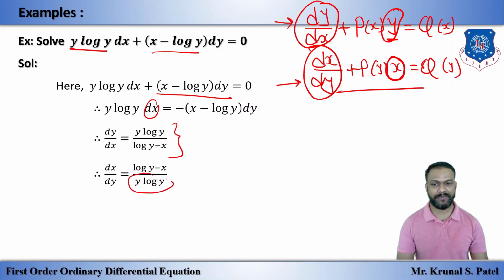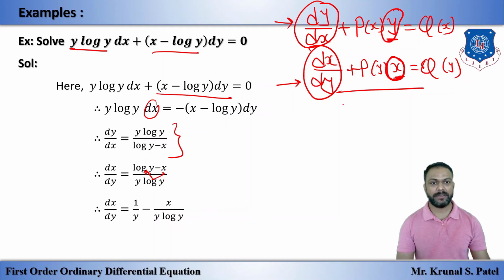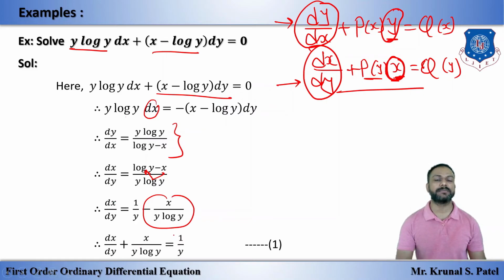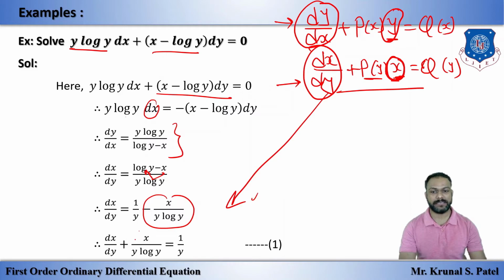Now we can divide this term by log y and by x both. So we have 1 by y and x upon this. Now to bring this x term inside, that means dx by dy plus Px, we'll take this term on the left hand side. So this becomes our equation like this, and this is our P of y, this is our Q of y.